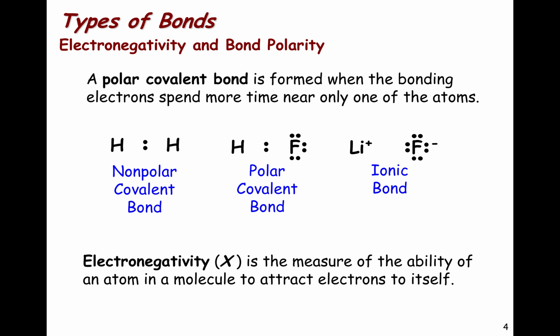In this case, there is an unequal sharing. There is some sharing, much like a nonpolar covalent bond, but there is also a big enough electronegativity difference so that the pair that is shared spends more time with the more electronegative atom. In this case, fluorine is more electronegative than hydrogen, so it has some ionic character.